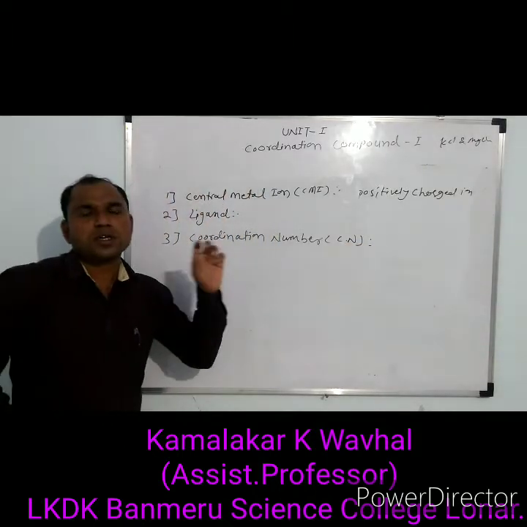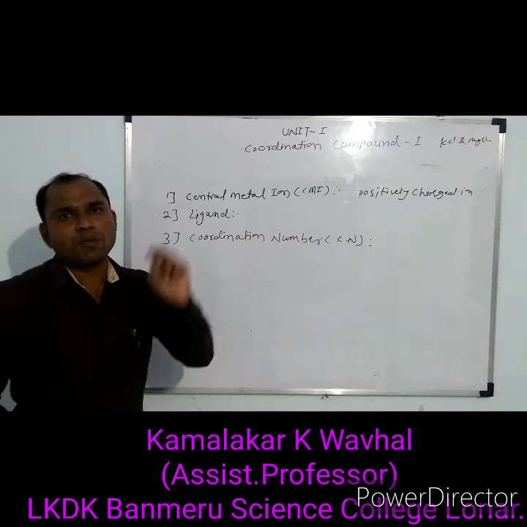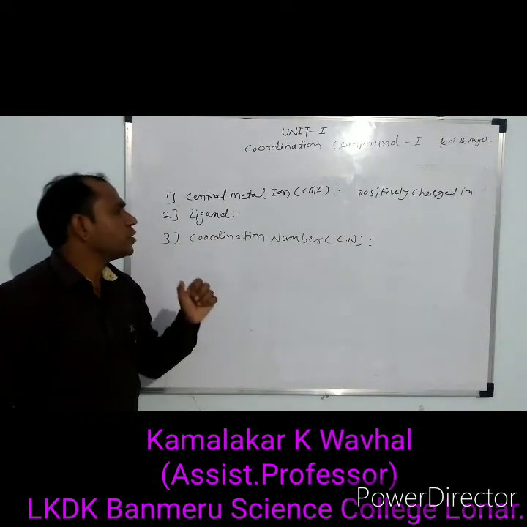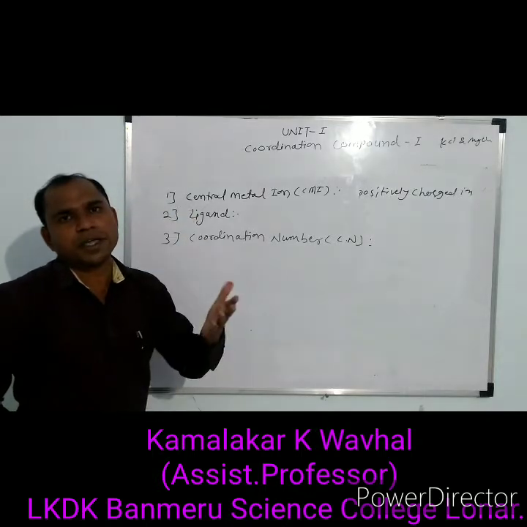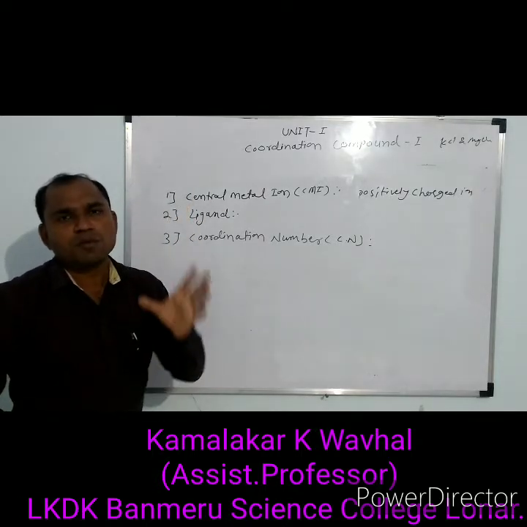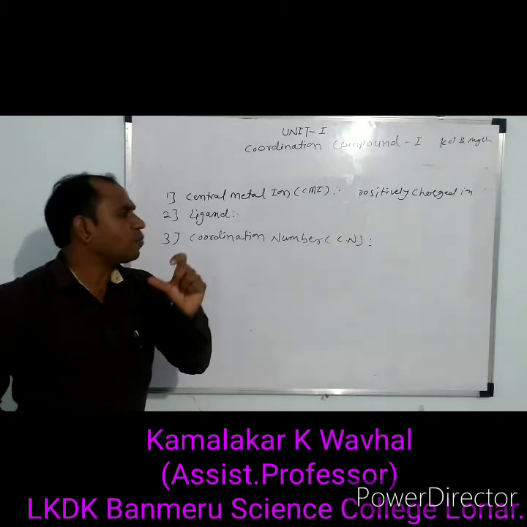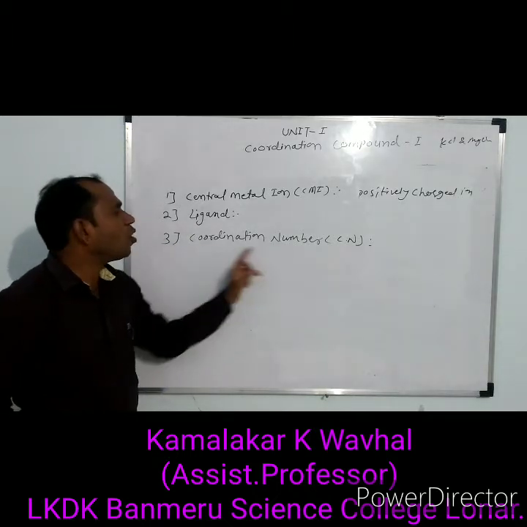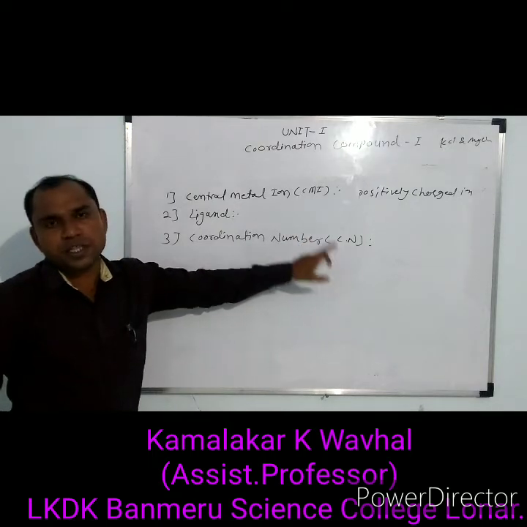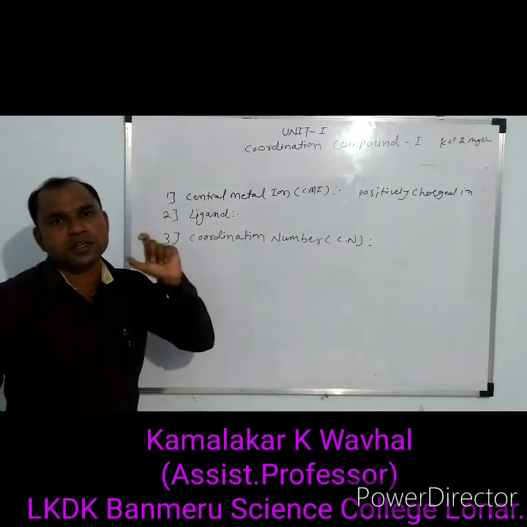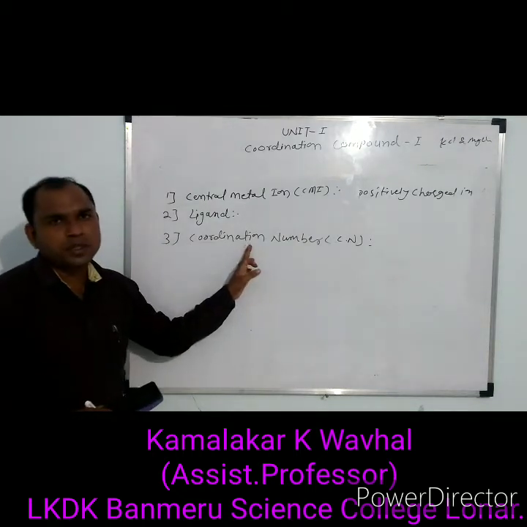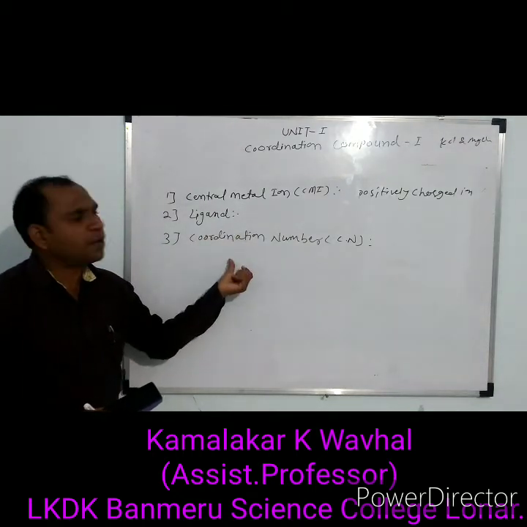Coordination number means the total number of coordinate bonds that can be formed by the CMI, the central metal atom. This number is called the coordination number of that coordination complex or compound.